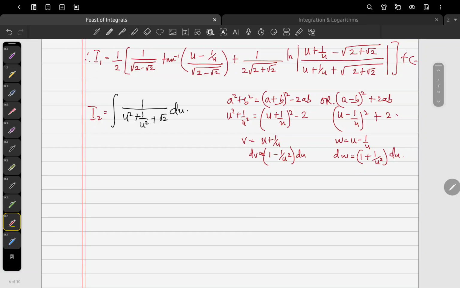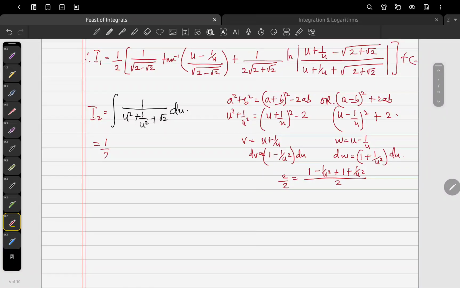So I can rewrite 1 as 2 over 2, and 2 is the same thing as 1 minus 1 over u squared plus 1 plus 1 over u squared. If we divide this by 2, we'll get 1. That is a better way to explain the trick in the first place.